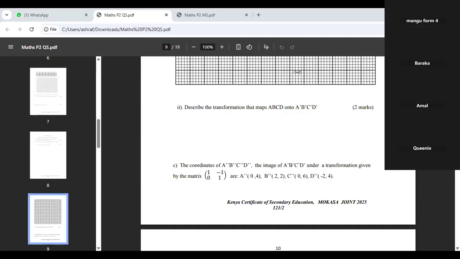Okay. So what's the difference between a stretch and a shear?